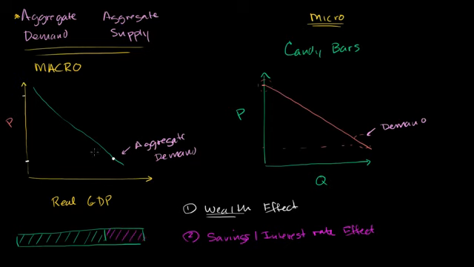Now all of a sudden, if things get a lot cheaper, they don't have to spend this much on goods and services. So now they could spend maybe this amount on goods and services, and they could save much more.